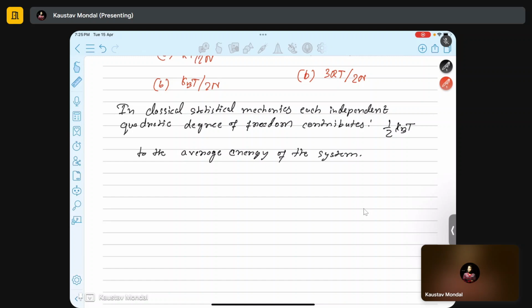Now kB is the Boltzmann constant, and T is simply the temperature.